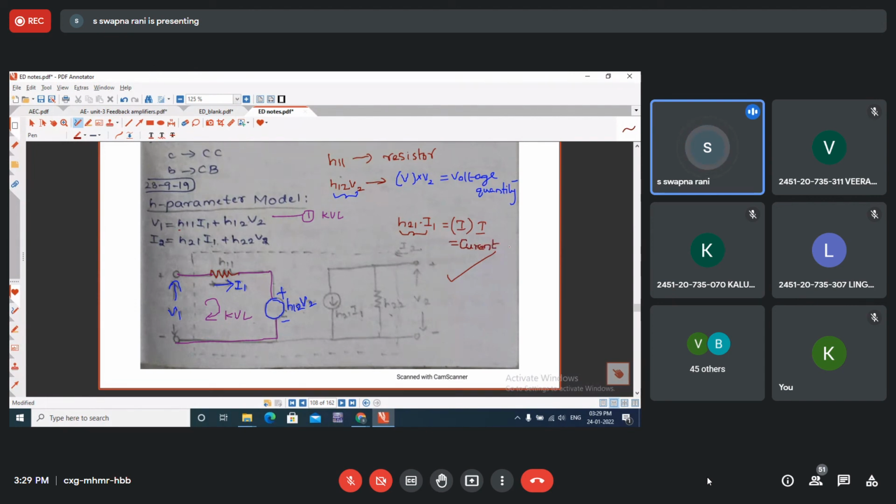Therefore, I will introduce a current source, and the magnitude of that current source is H21 I1. So output current is the sum of two currents. This term represents the current, so I have introduced a current source in the output circuit. And the second term, H22 V2. What is H22?